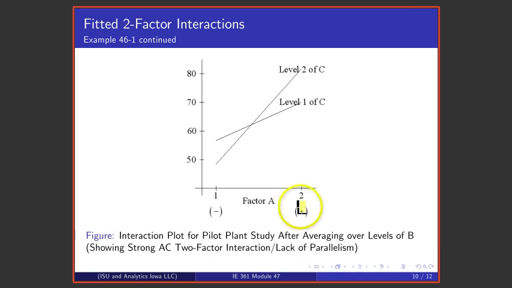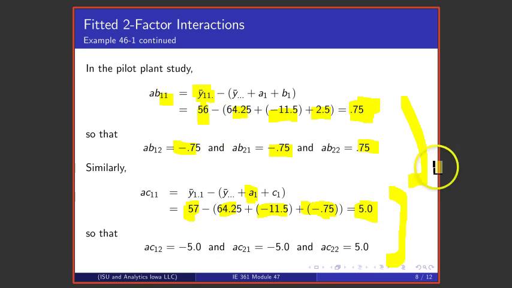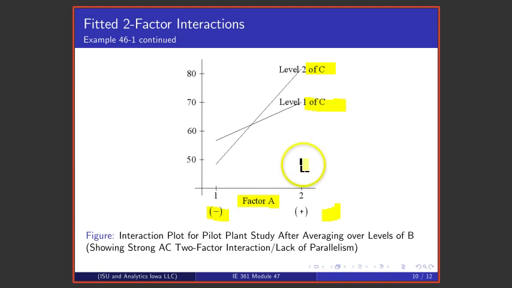So if one looks at factor A, low and high, level 1 of C, level 2 of C, so this is the plot for the AC, for the plot where I've averaged out over B. Going back to these numbers, we see there's some fairly strong lack of parallelism there, and that is represented by the fact that these lines are clearly not parallel.